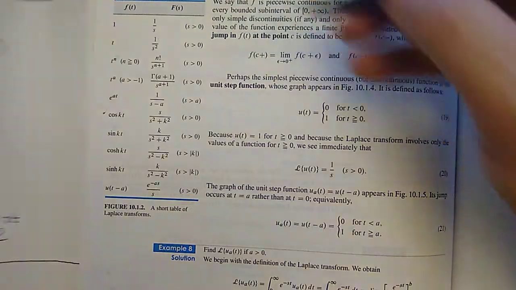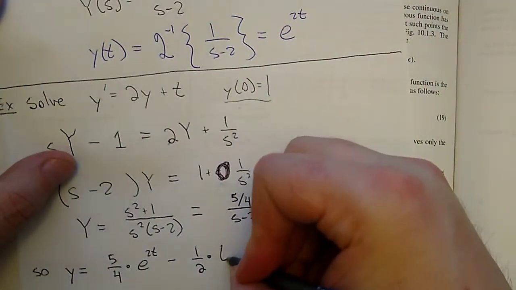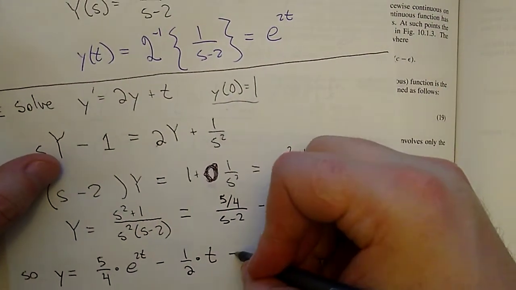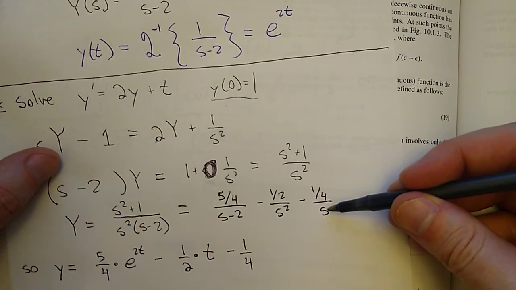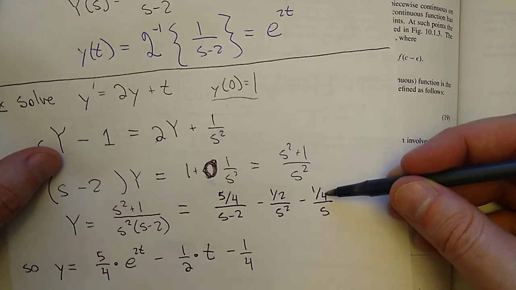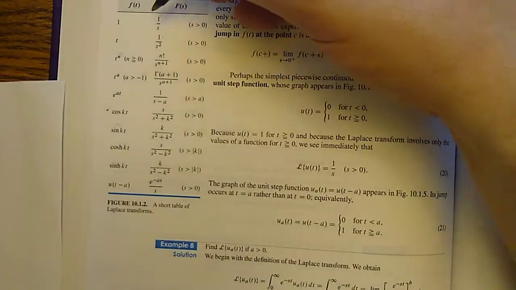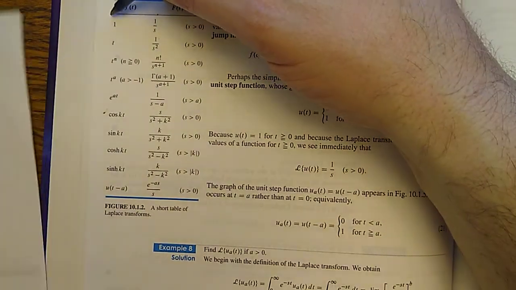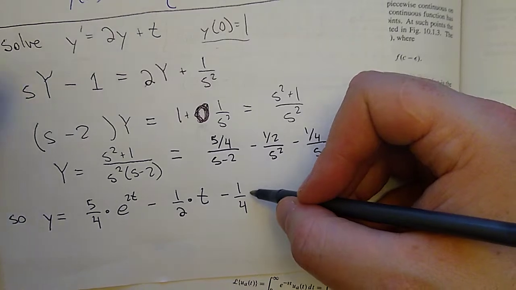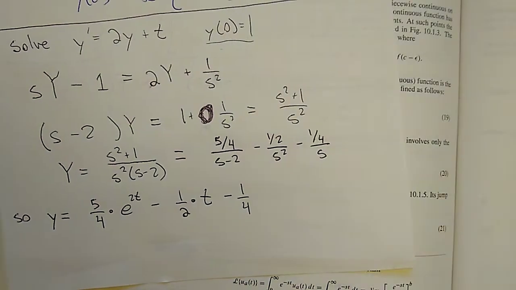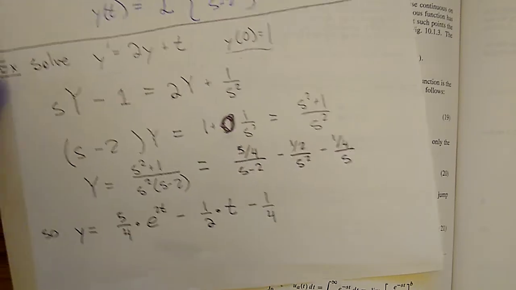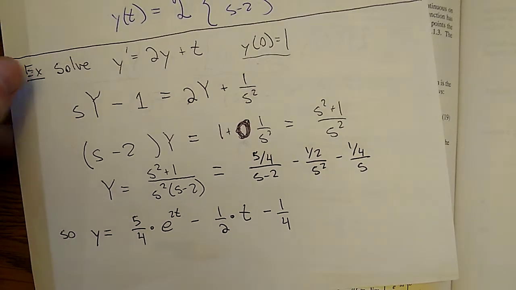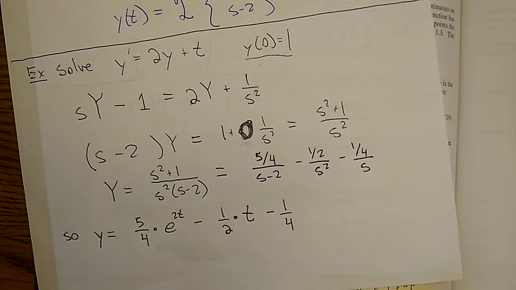It's t. Minus 1/4. Now, what's the inverse Laplace transform of 1 over s? Well, that's just 1. So I can write times 1 if you like, but I'll just not. So that's it. That's the answer.